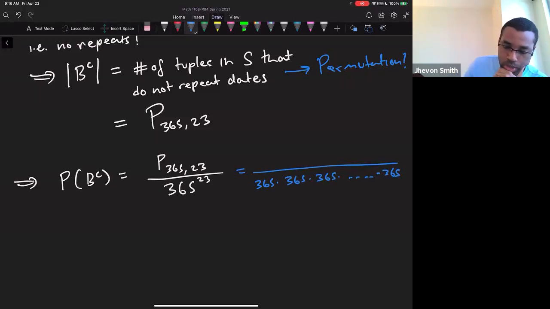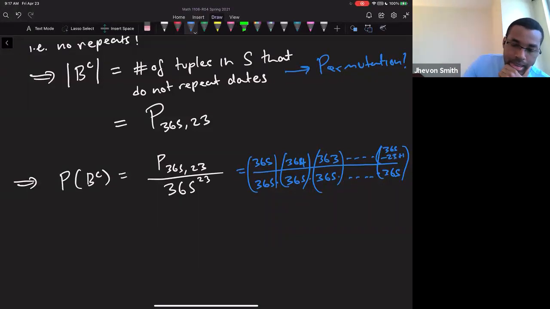The first person can choose 365 out of 365 days to have his birthday, but then the second person can only choose 364 because he's not allowed to pick the day that the previous guy took. Then the next guy can only choose 363 days. And this will go down 23 times, right? This will go down to 365 minus 23 plus 1. And that we know is a permutation.